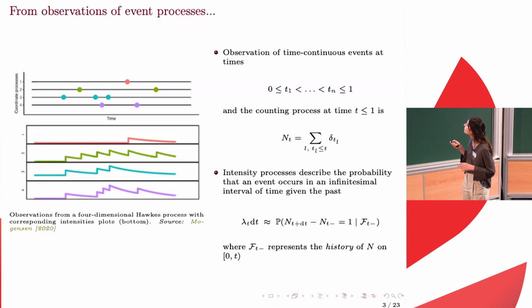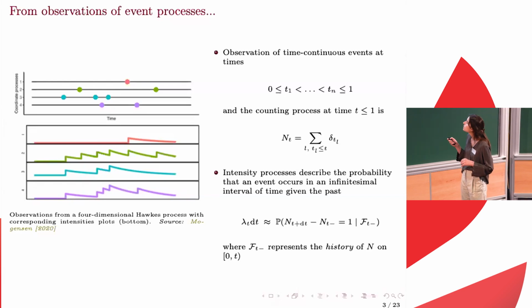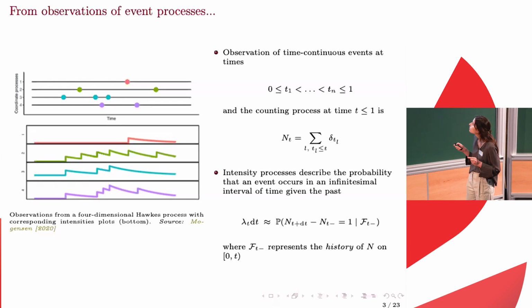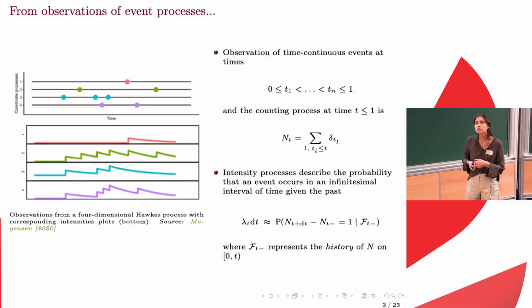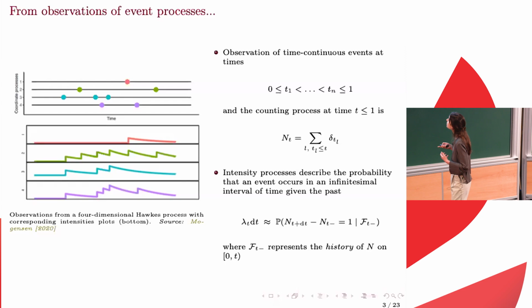On the left you have the graphs of the intensity processes for each of the coordinates. Every time there is a large jump, you see that there can be a corresponding event at that time. So this is the idea.